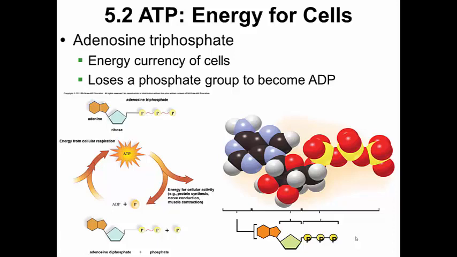It's much like the analogy of taking three large beach balls and putting a belt around them and tightening that belt more and more. These three phosphates are analogous to the three beach balls with the belt wrapped around them. If you took a pair of scissors and clipped the belt, those beach balls would fly apart, releasing energy in that process. That's exactly what happens in the case of ATP.